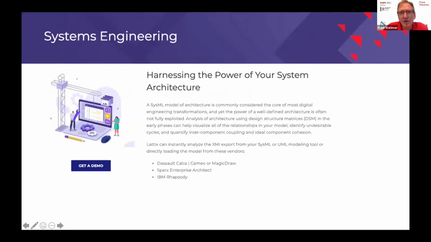We start with UML for software, and then we've graduated now to SysML, which models the whole system, including requirements and everything that you should need to define the system. We've done some nice integrations with three tools in particular: MagicDraw and Cameo from Dassault, Sparx Enterprise Architect, and IBM Rhapsody.